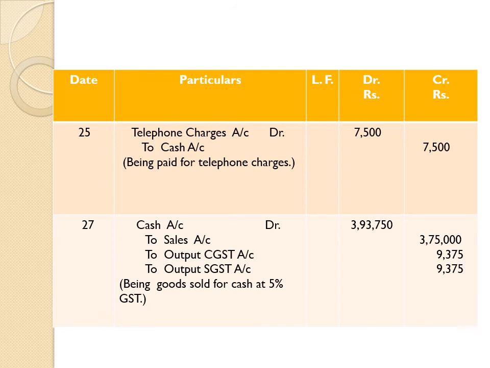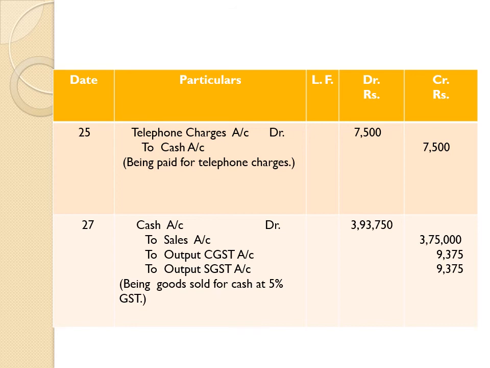One part came to rupees 9,375, therefore we recorded here, to output CGST 9,375, to output SGST account we recorded 9,375, being goods sold for cash at 5% GST.